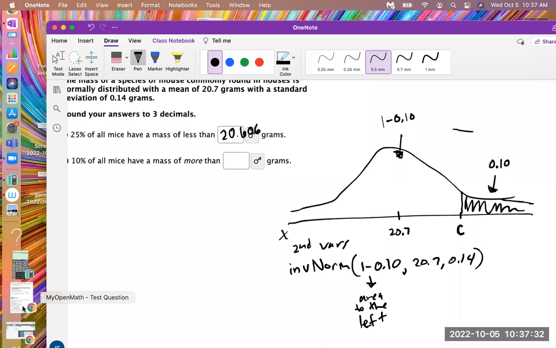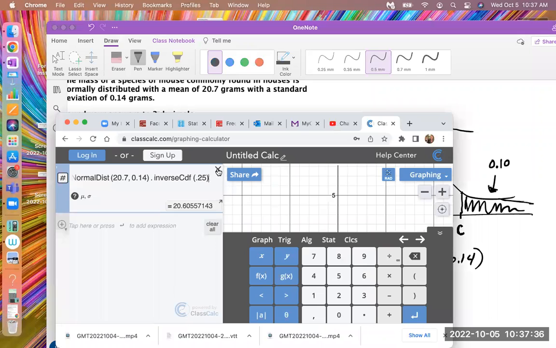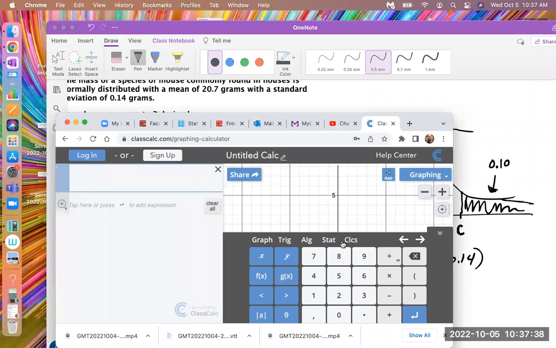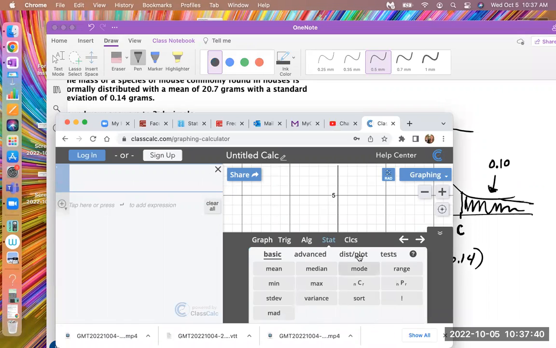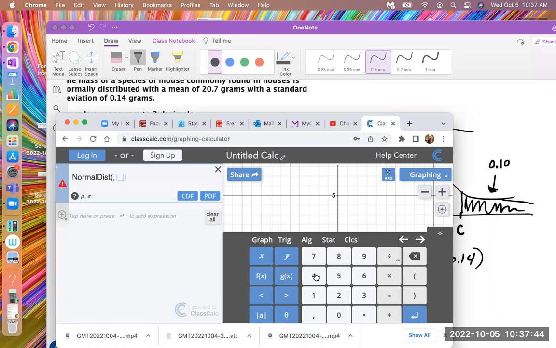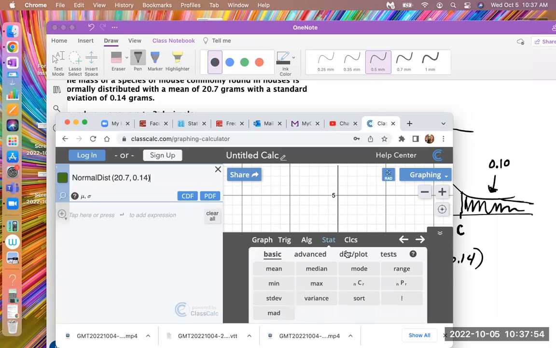Or I'm going to use the class calculator, and I do it just like before. Stats, distribution, I find normal CDF, I put in 20.7 and 0.14, then close the parenthesis, and then stats distribution again.